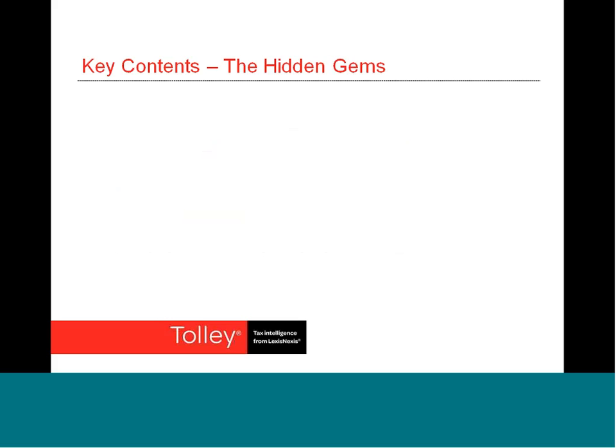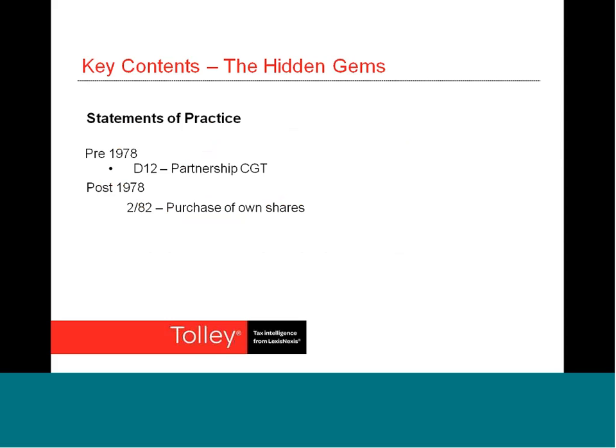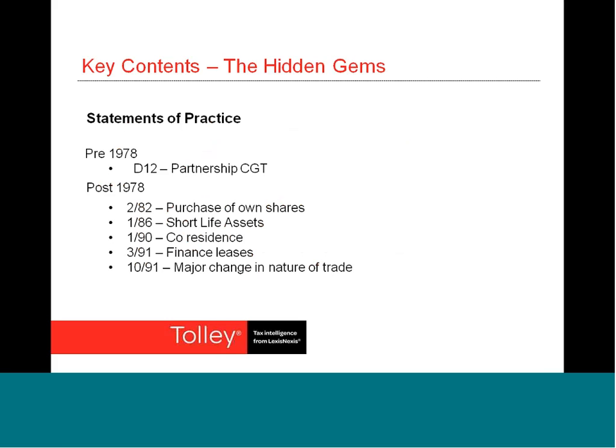If you remember earlier, I said there are lots of unusual hidden gems in the legislation, not just the main acts themselves. Let's have a look at some of these. We've got statements of practice. For example, D12 is all about partnership CGT, really useful. We've got purchase of own shares, long life assets, major change in the nature or conduct of a trade.